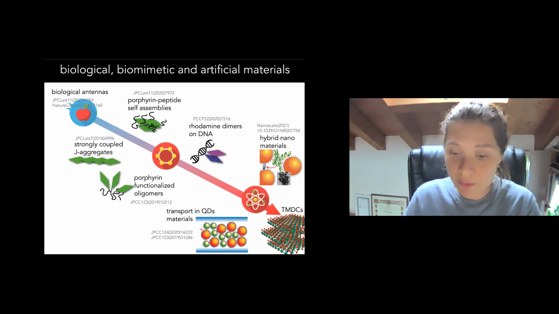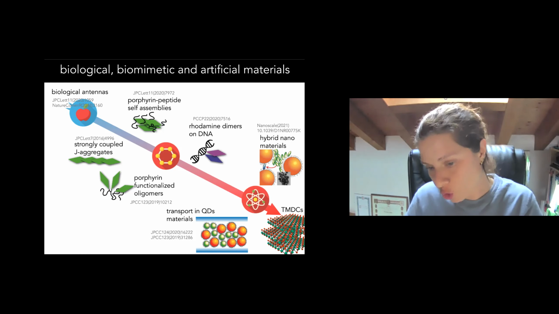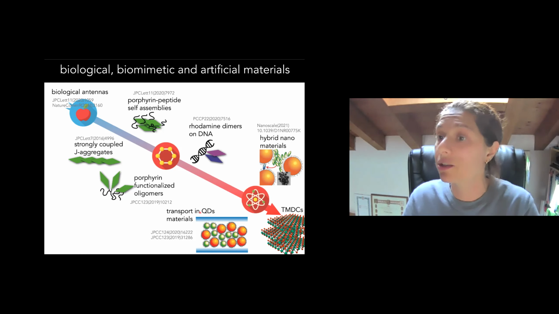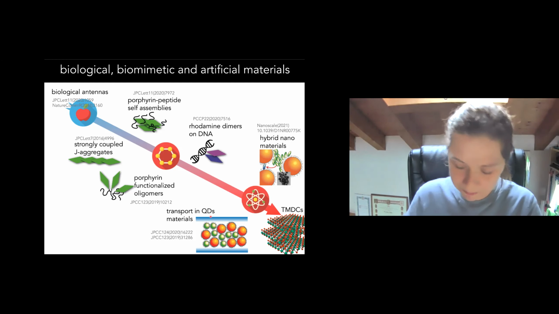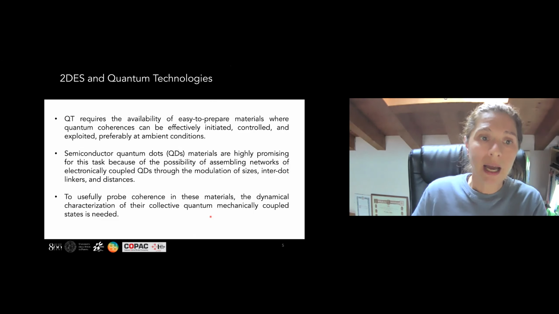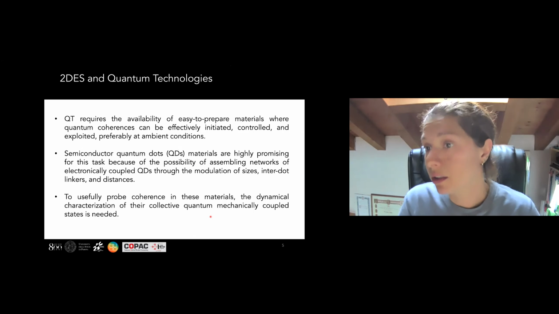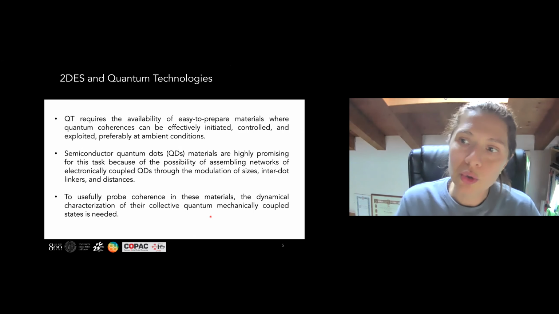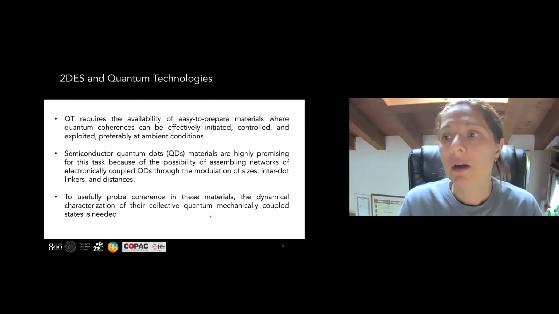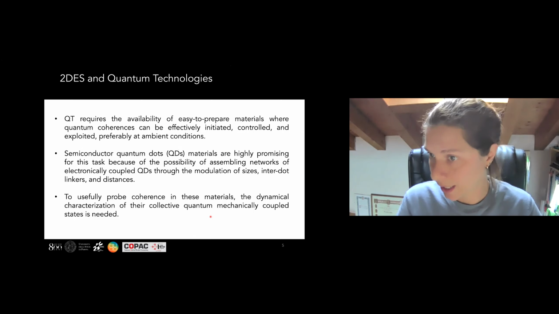And I would like today to focus my attention exactly on this last family of nanomaterials, that is quantum dots in condensed phase. Now, I was mentioning in my title that we want to use 2D electronic spectroscopy on quantum dot materials towards quantum technology applications.